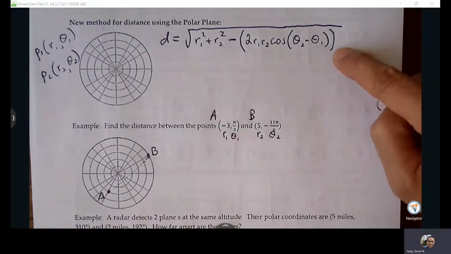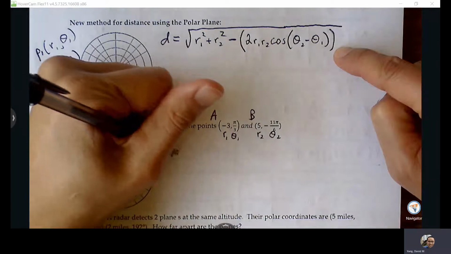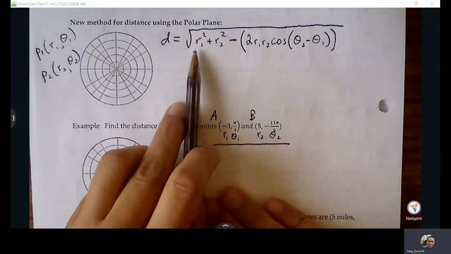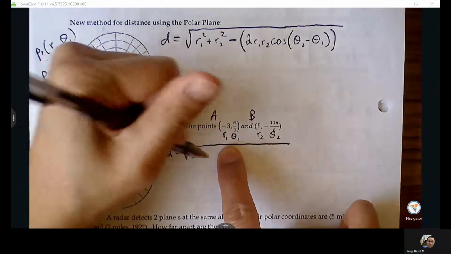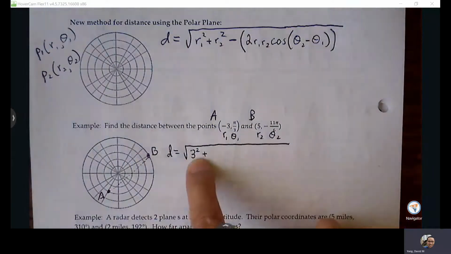Okay, so we're going to enter everything in as we see it. We'll do it piece by piece. Okay, R1 squared. R2 squared. I'm not even putting a negative here because I know that's just going to turn out to be a positive.